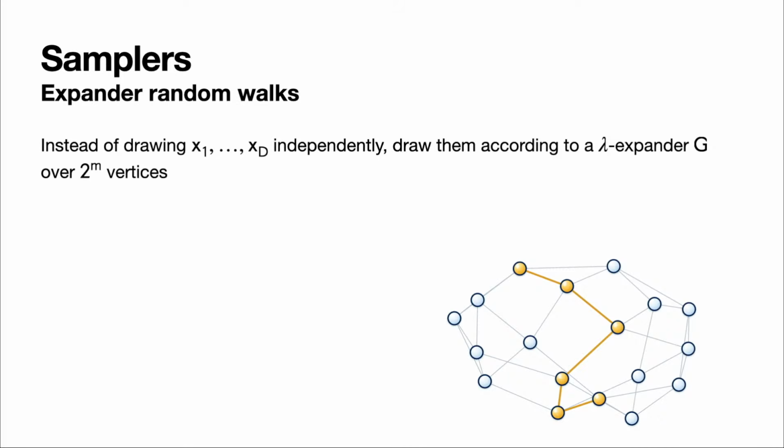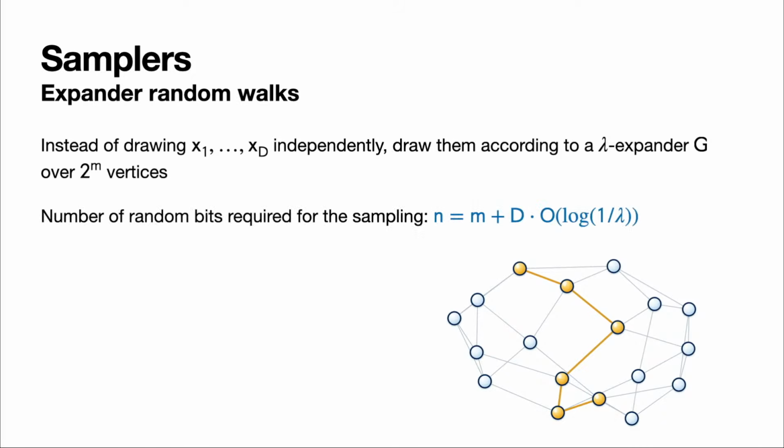Instead of choosing x1 up to xd from the entire universe, I'm just choosing a path on an expander. So what's the number of random bits? I choose the start vertex uniformly at random, so it's m bits.